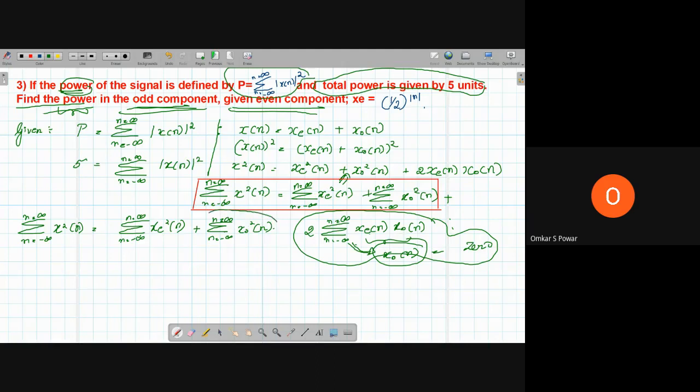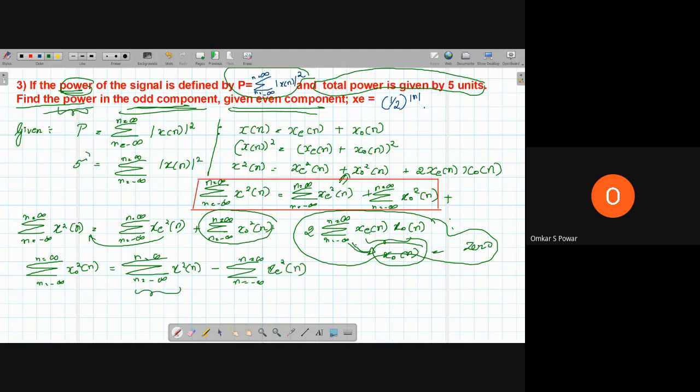So we want only this part. So I will take this one here, summation x odd square of n, and let the other go to the other side. So it is the summation of the given signal square of n minus the power in the even component.